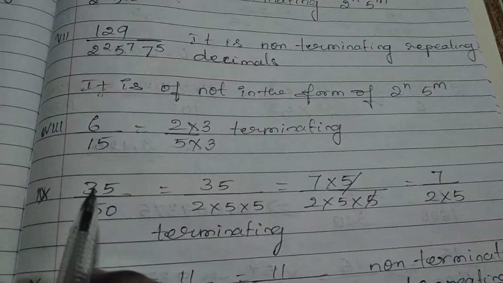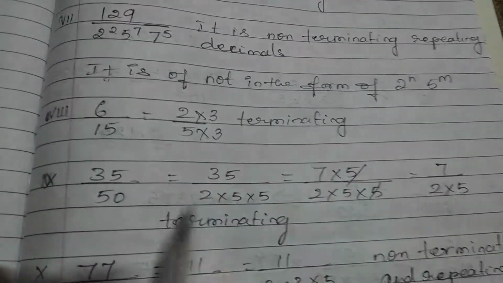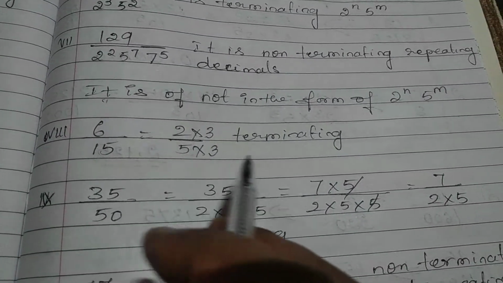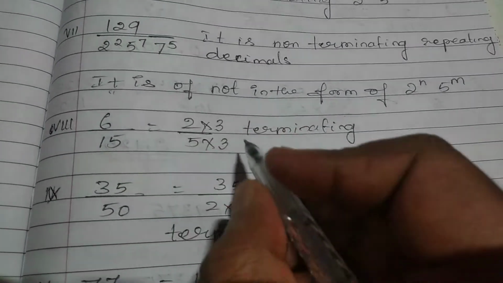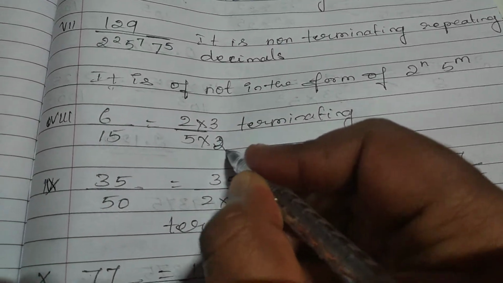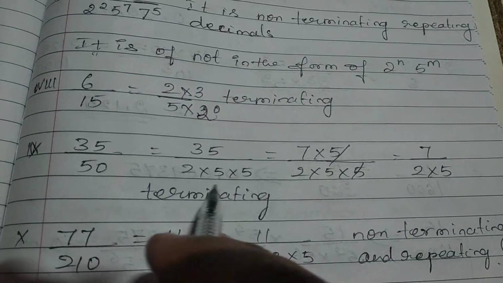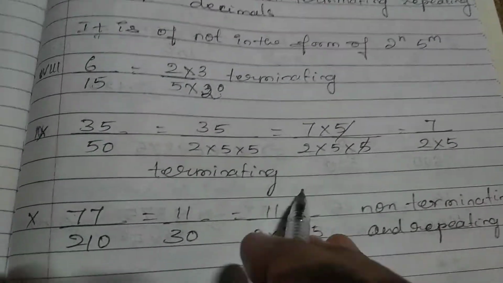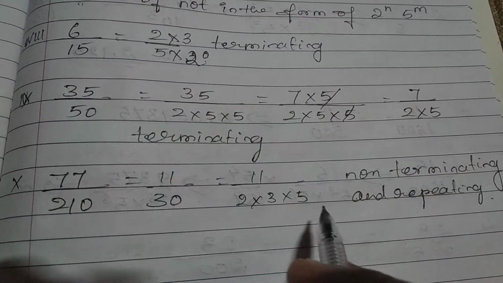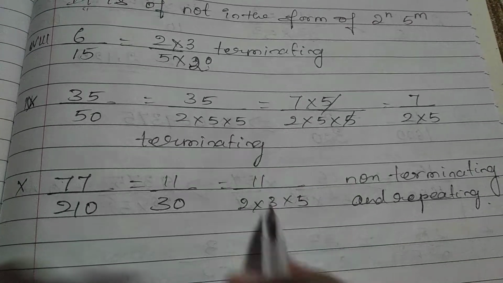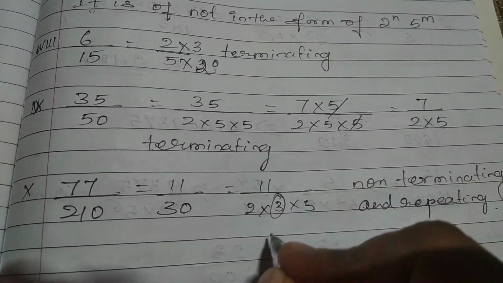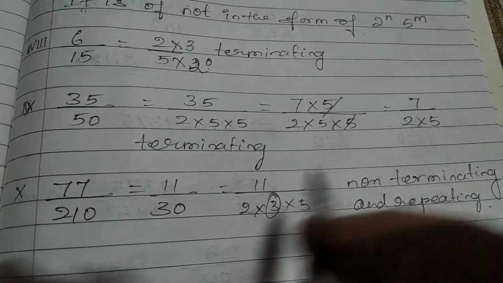Okay, we can write 2 to the power of 0. So that's why it is terminating. So here also you can see 5 and 2. So this is also terminating. Here 2, 3, 5, so 3 extra is there here. So you can see that's why it is not terminating.